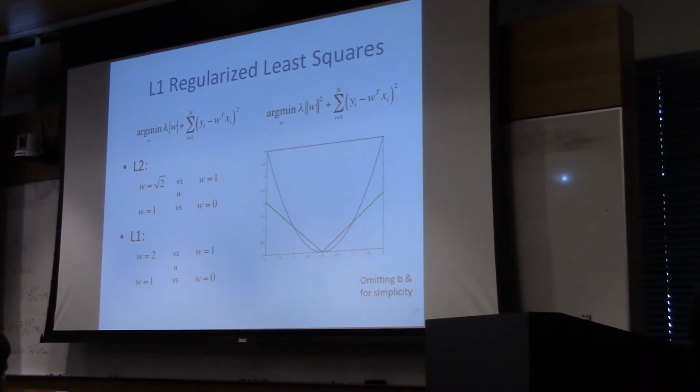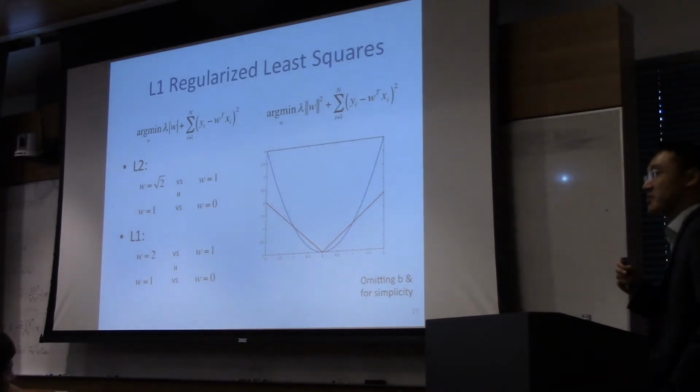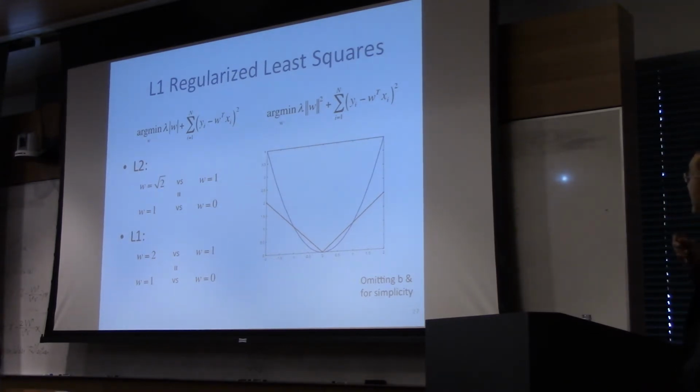On the other hand, for the L1 penalty, the decrease in regularization penalty for W from 2 to 1 is equal to W from 1 to 0. These are the conceptual things that you need to keep in mind when you're comparing the behavior of different regularization functions. What does the curve look like in terms of relative reduction?